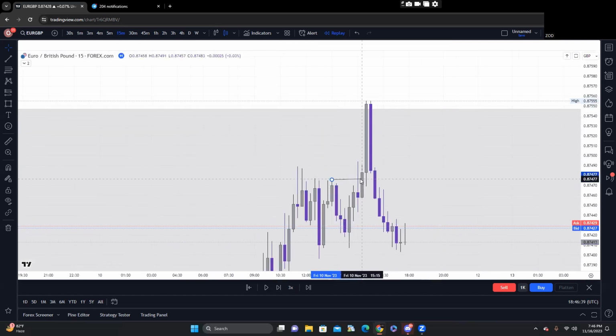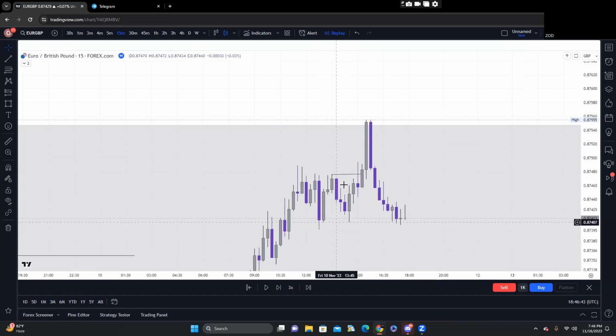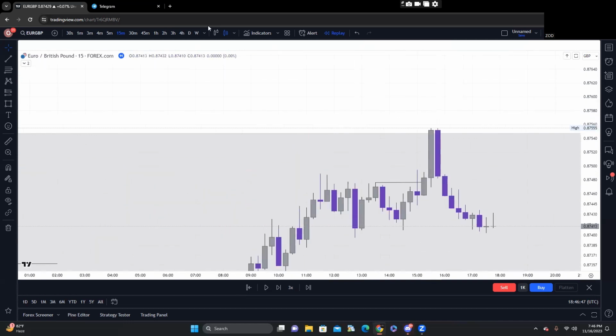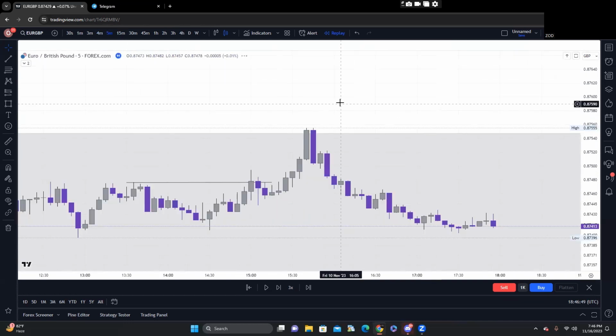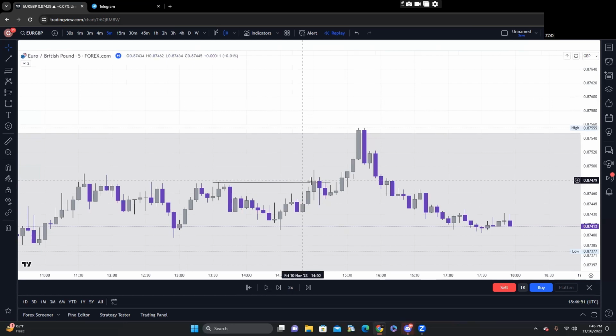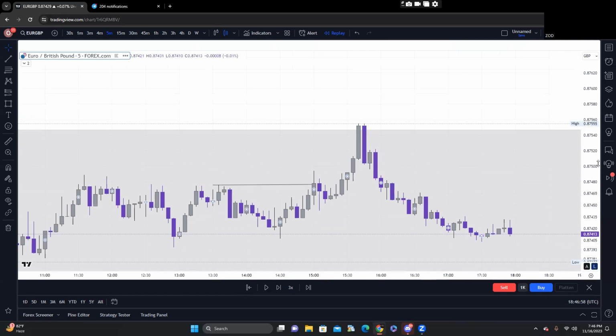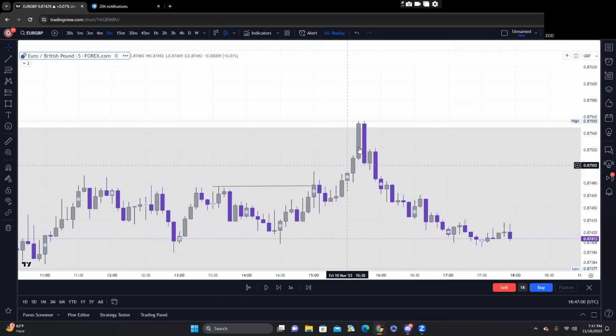So I have this here, right? So let's see the 5-minute time frame. Okay, this is also fine. So we have this area being taken out here, and then see price pulling this low all the way up here.